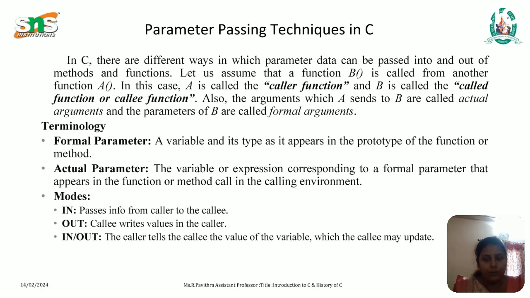The modes are in, out, and in-out. In means passes info from caller to the callee. Out means the callee writes values in the caller. In-out means the caller tells the callee the value of the variable, which the callee may update.